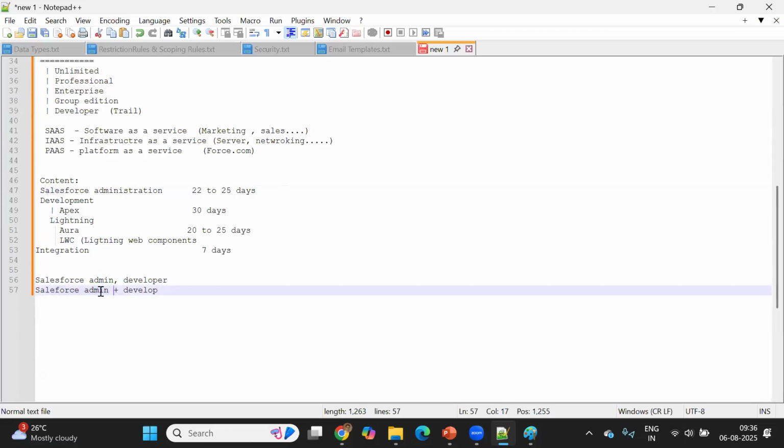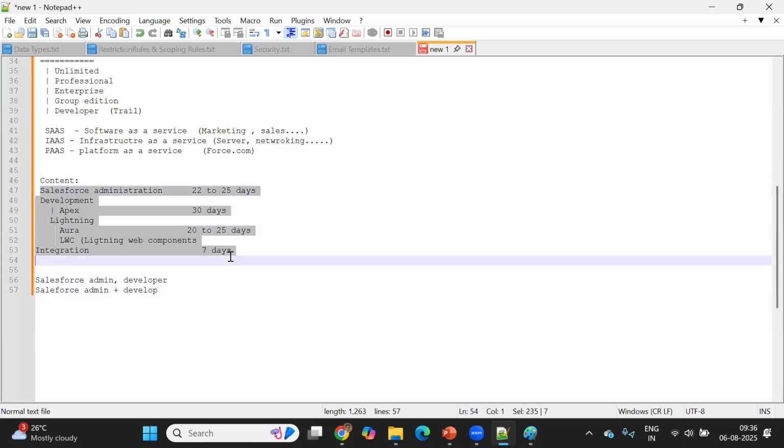So don't depend only on admin. If you want to go, go with Salesforce admin plus developer only. A Salesforce developer should know all this content. Getting my point? As a Salesforce admin, you should be aware of Salesforce administration plus the development part. This is what you need to understand.